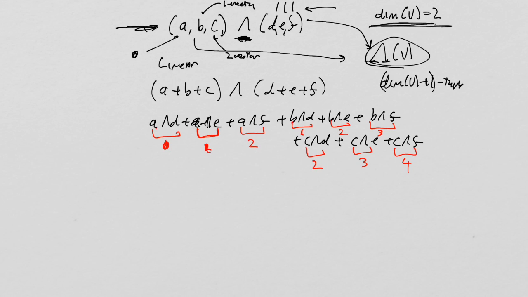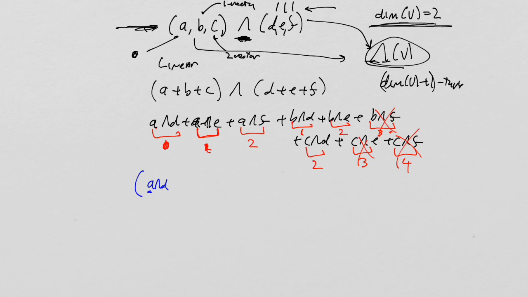So I know right away that that's going to be 0, that's going to be 0, and that's going to be 0. And then the result is going to be, I'll put the result in blue, a wedge d. Remember, a wedge d is the same as a times d. The wedge product becomes regular multiplication when you're dealing with 2 0 forms.